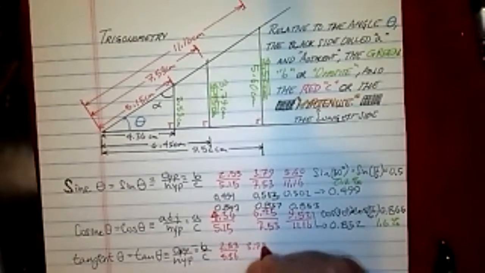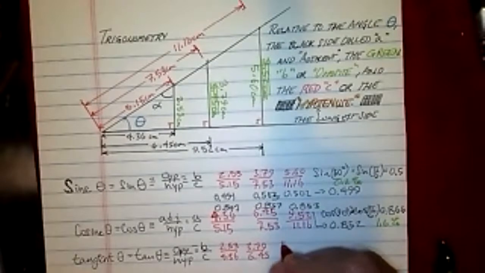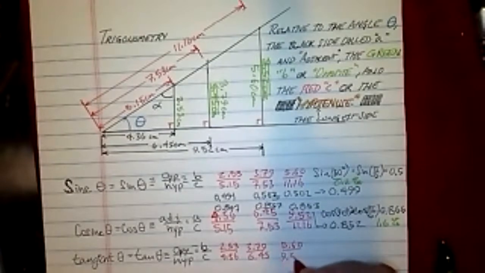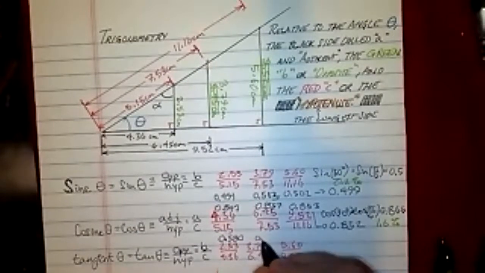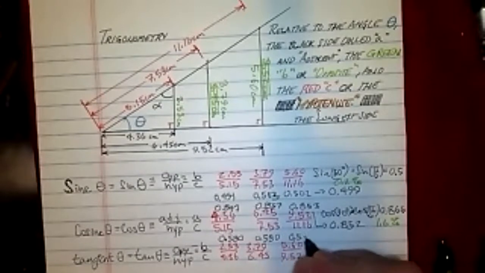I got 3.79 over 6.45, and I got 5.60 over 9.52. If you take time to use your calculator and calculate these, you'll get 0.580, 0.580, and 0.588.